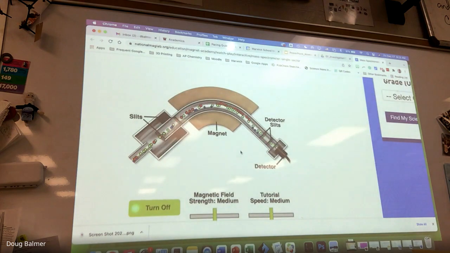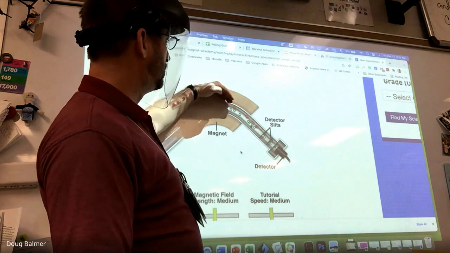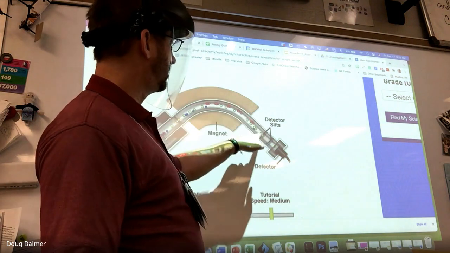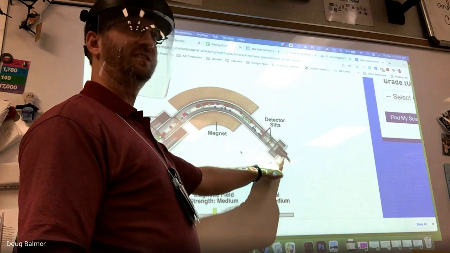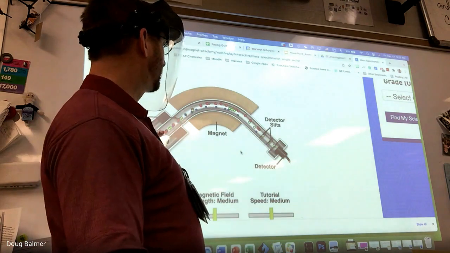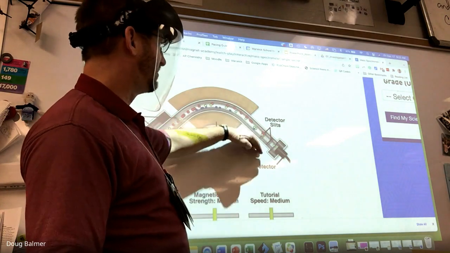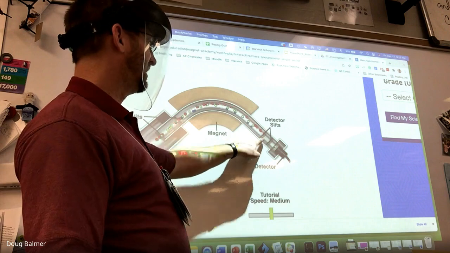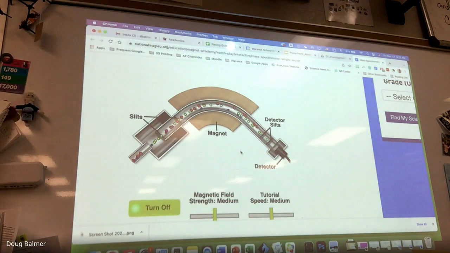So notice how as all of these carbon atoms are zipping around the turn here, the red ones take too wide of a turn and they get hit by this detector slit. They never make it and hit the detector. The blue ones go zipping around the turn and they go too narrow of a turn and they hit the detector slit. Only the green ones are perfectly tuned to be hitting the detector.